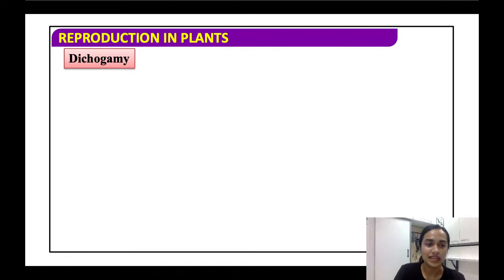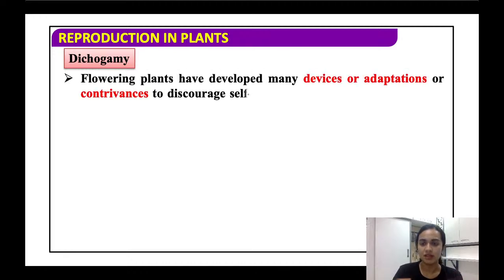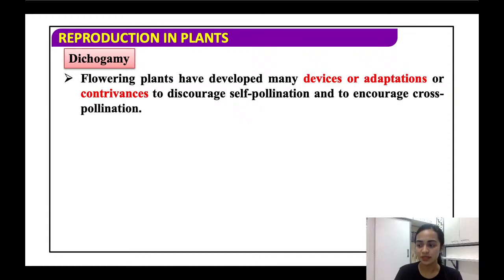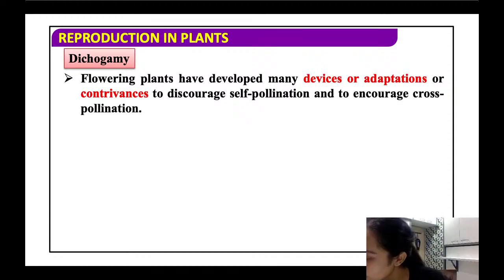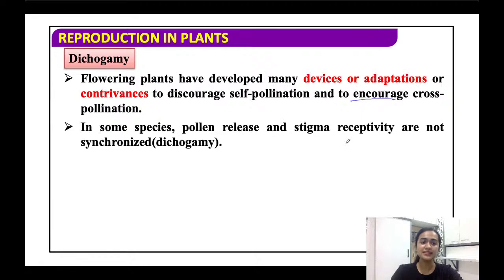Now coming to dichogamy. What is it? Flowering plants have developed adaptations. Once these plants try to prevent self-pollination, they need a method. So there are many methods by which they discourage self-pollination and encourage cross-pollination. So this is dichogamy.